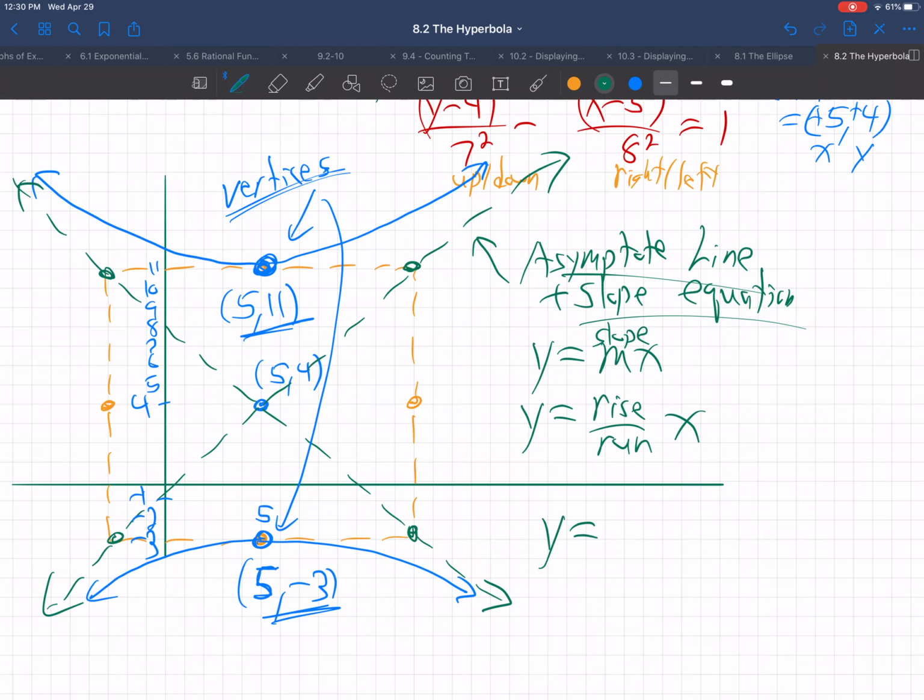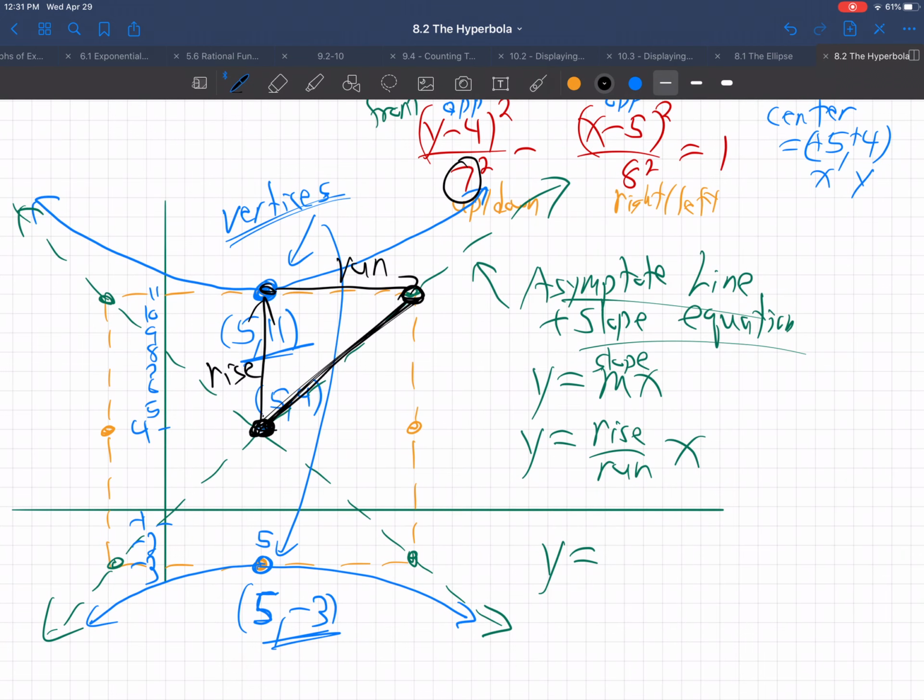Okay, so what is the rise? From here to there is a piece of the asymptote line. How much does that line rise up, and how much does it run to the right? Its rise is how far from the middle of the box to the top. That's whatever's underneath y.